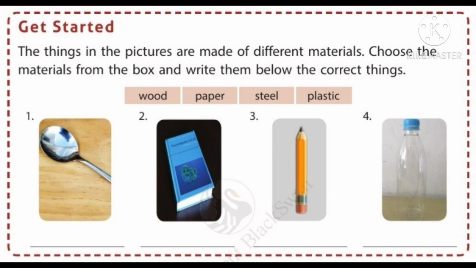A spoon is made with steel. In the second picture you can see a book. A book is made with paper. In the third picture you can see a pencil. A pencil is made with wood. And in the last picture you can see a bottle. Yes, it is made with plastic.